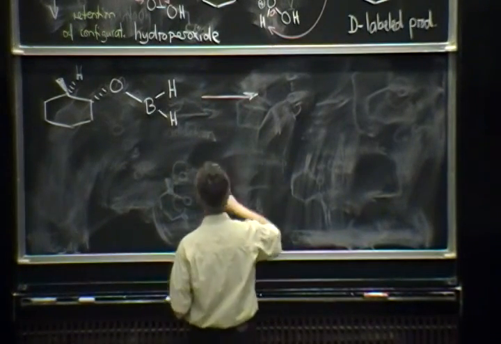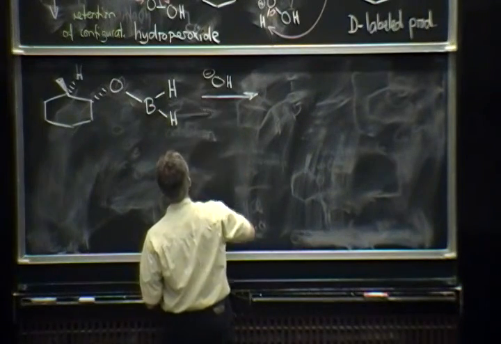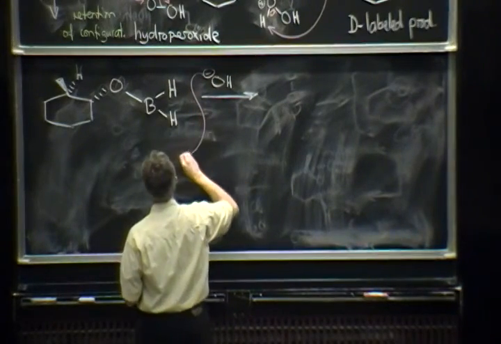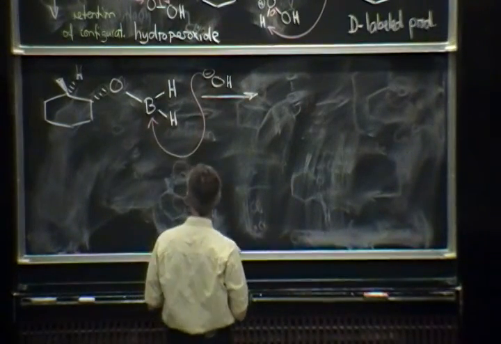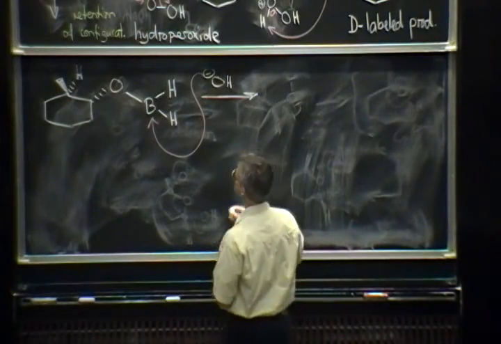Okay, so this is again an intermediate, but we have a lot of base left, a lot of OH minus left, and so the OH minus will come in, add onto the boron, turning it back into an electron octet.